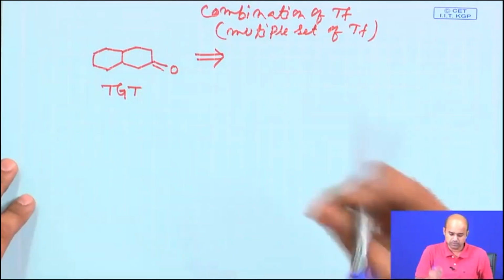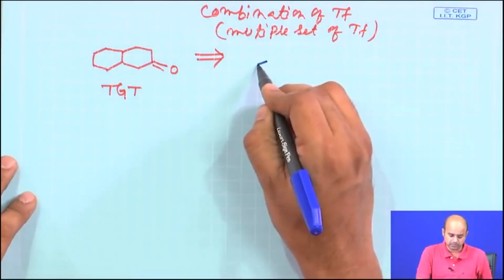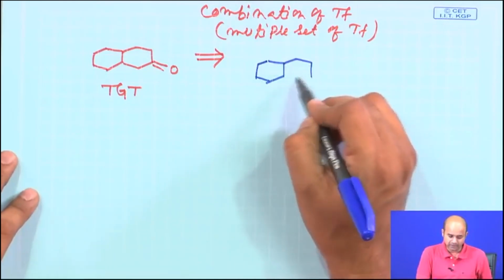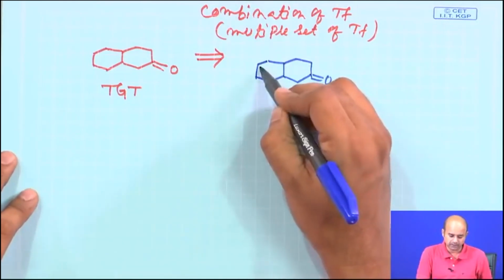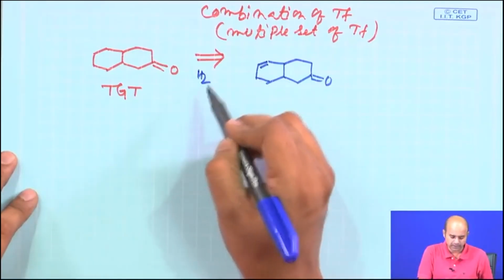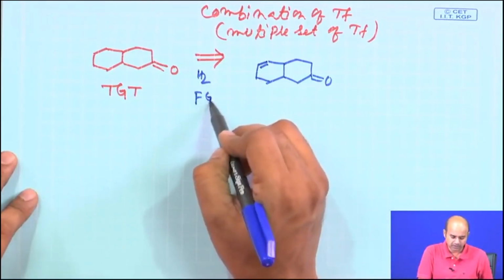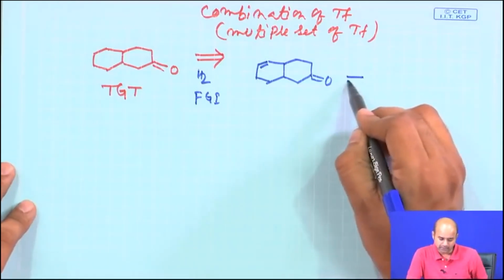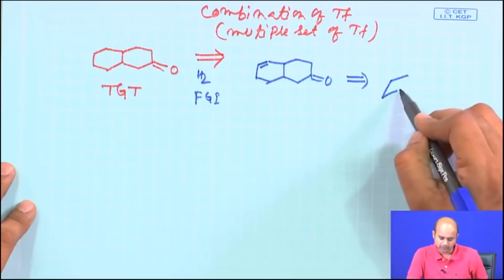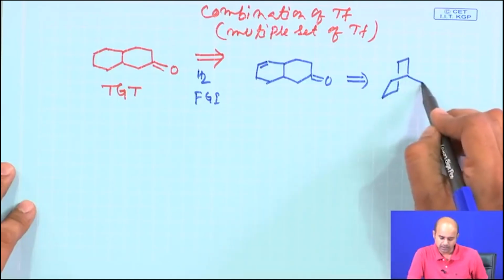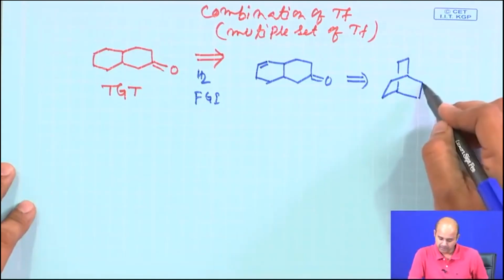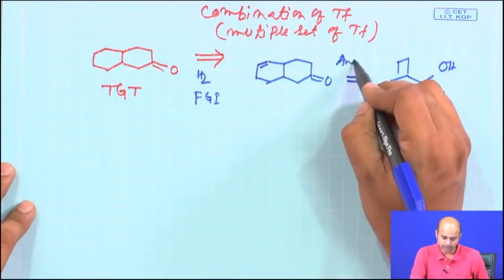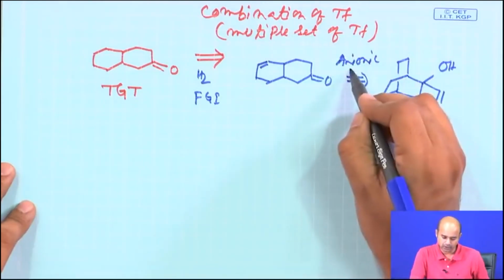Now, if you remember the earlier introductory session's quiz answer, we devised a retro for this molecule something like this. We said we will be doing a hydrogenation here, which is basically a simple functional group interconversion if you have this starting material. We focused on that this compound can in reality be prepared from an anionic oxy-Cope rearrangement, which was already taught to you.